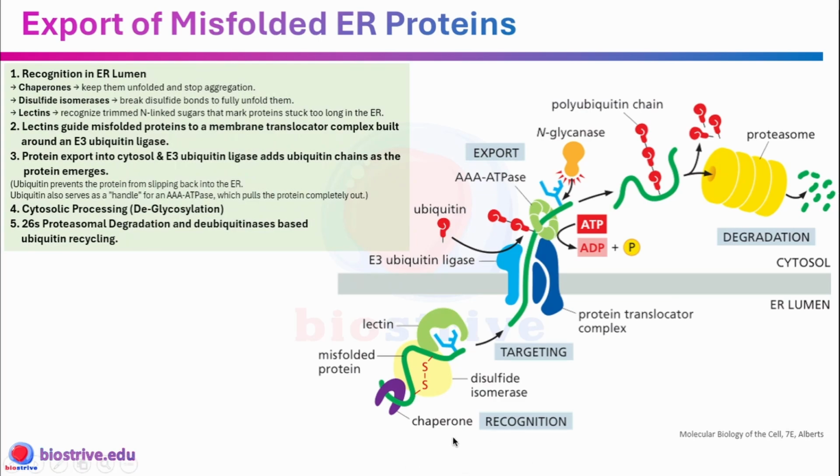As you can see, this is some kind of misfolded protein. The chaperone attaches to this misfolded protein to contain it. There is disulfide isomerase. This disulfide isomerase breaks disulfide bonds to fully unfold this protein. Chaperones are the ones which keep this protein in an unfolded state. There are lectins, as you can see the green one here.